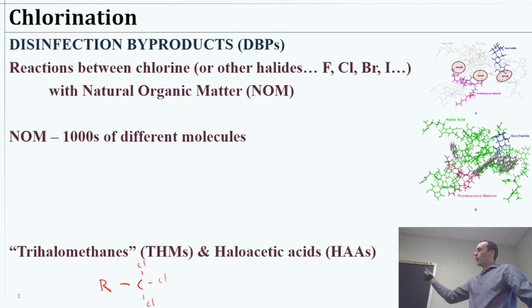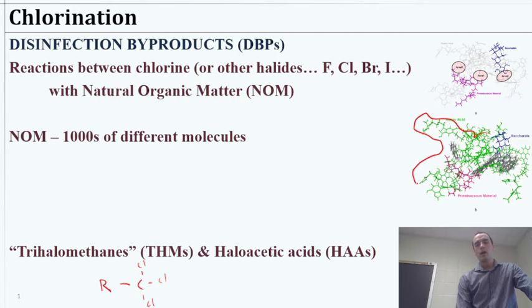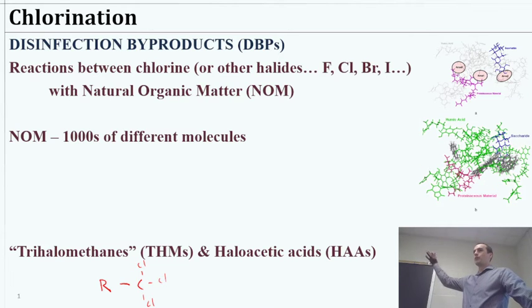But we also classify any group on one of these big organic molecules. This might be one of these natural organic molecules. It's got all sorts of different little functional groups on it, all sorts of end chains and random stuff. To halogenate that, we could have different parts of it, and maybe it breaks apart further, becoming these trihalomethanes. Okay, so that's a concern.